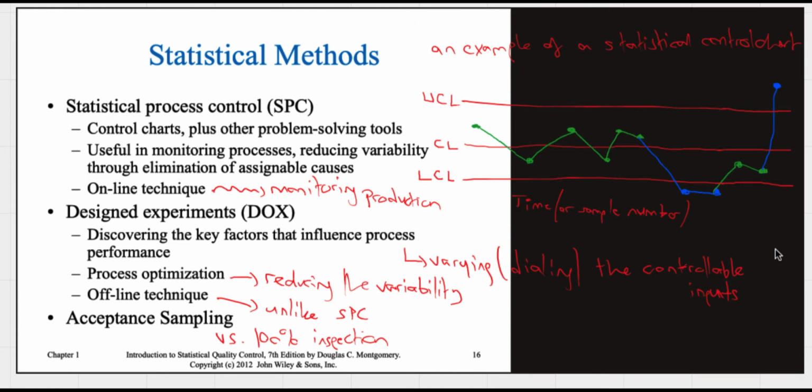So how are we going to do this? We are going to draw a central line for a control chart. If there is no unusual variability in the quality characteristics of the product, our sample measurements of the quality characteristics will fall in this area.